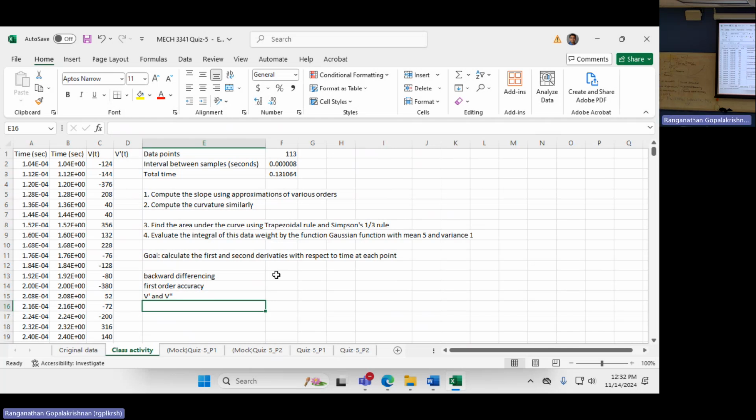So for slope, sorry, the first derivative, we want to do backward differencing, first order accuracy.